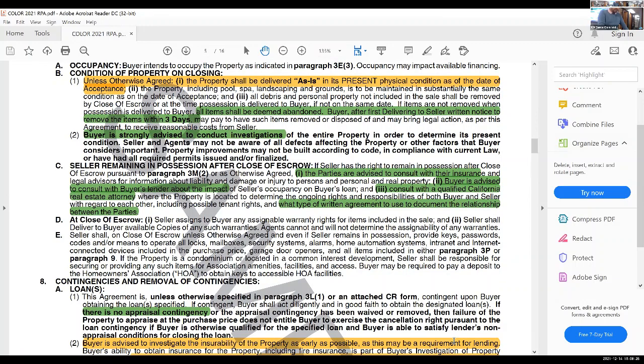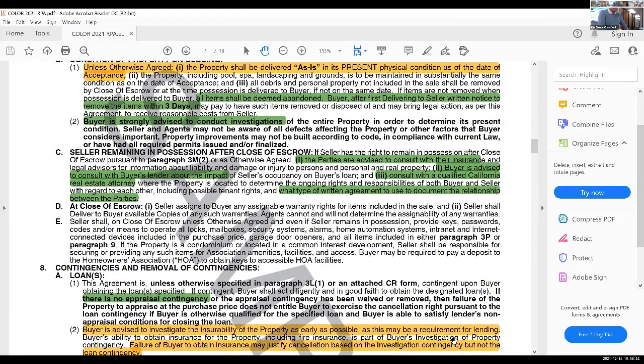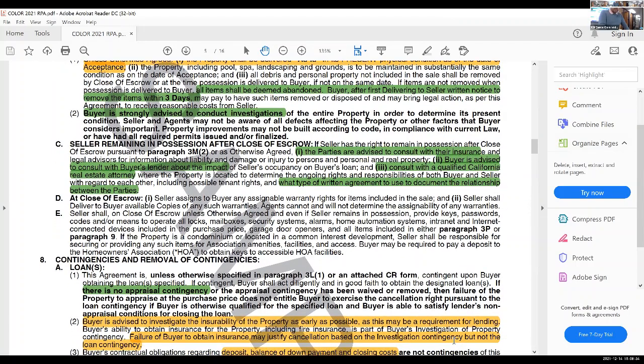Right. If the seller remains in possession after close of escrow, just make sure that the right paperwork is processed. Remember, less than 30 days, it's this one pager, seller in possession form. The reason we want to have these forms is it protects your client in the event that seller decides, I don't want to move.